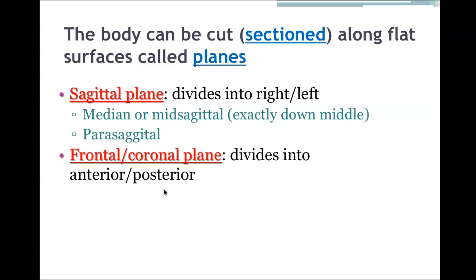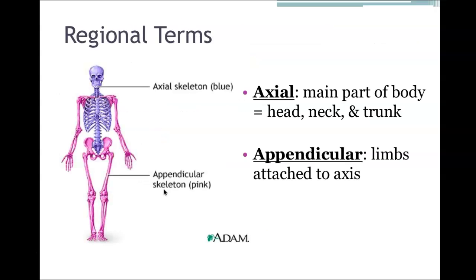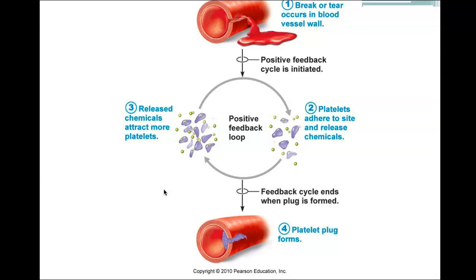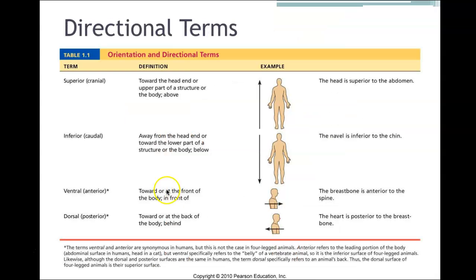All right, the frontal or coronal plane is going to divide the anterior and posterior. So remember what anterior and posterior meant? Let me go way back here. Sorry. Anterior is the front, posterior is the back.